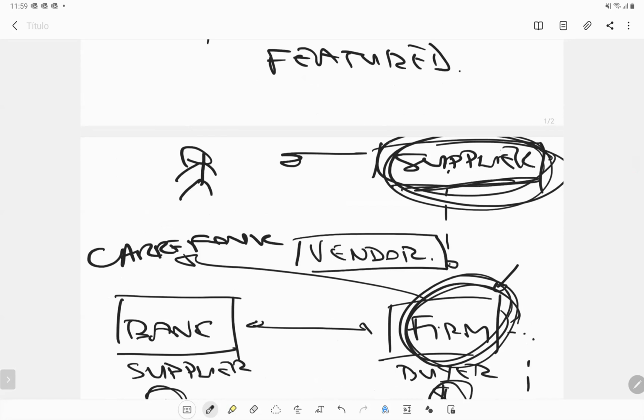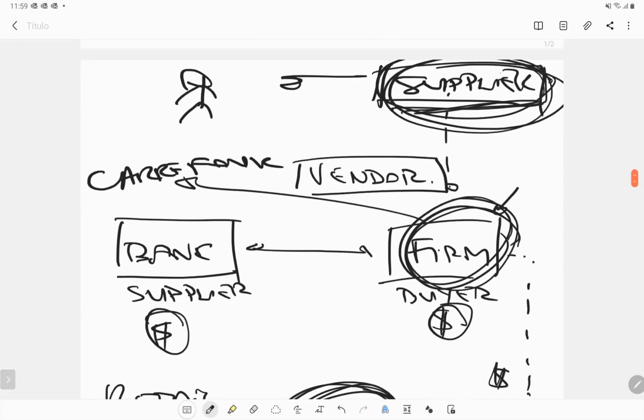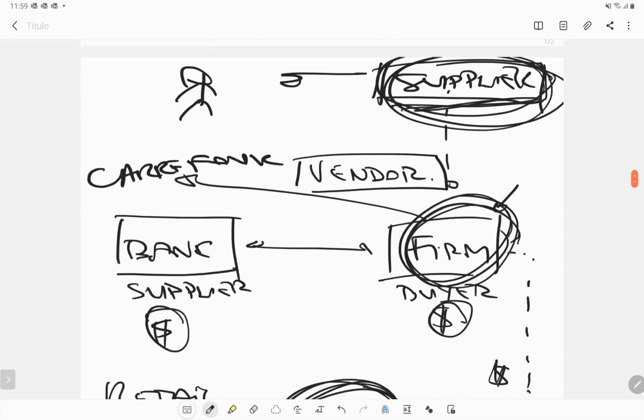And this guy sometimes faces difficulties regarding cash flow. What does Carrefour offer to this supplier here? He offers bank financing to this supplier. If this guy goes directly to the bank to get working capital, what's going to happen?